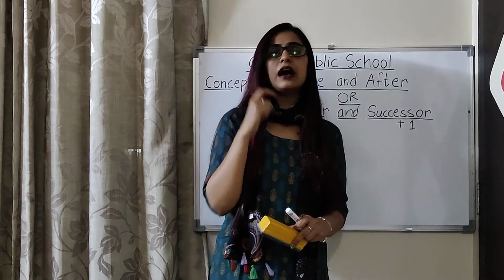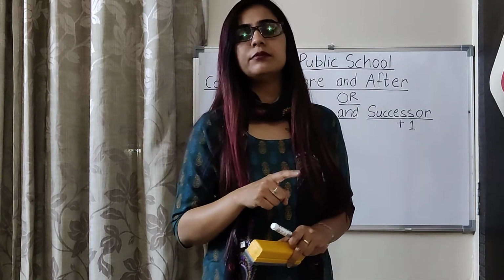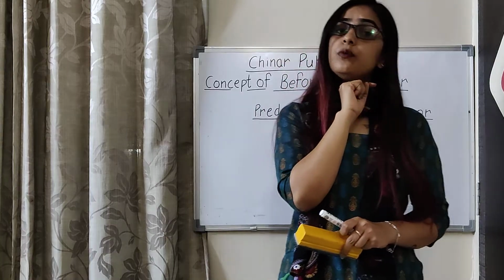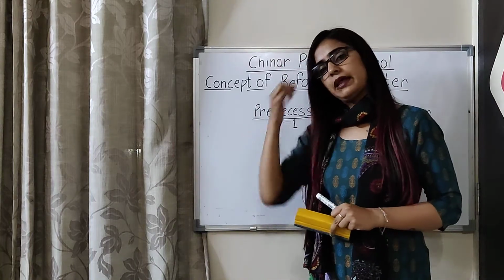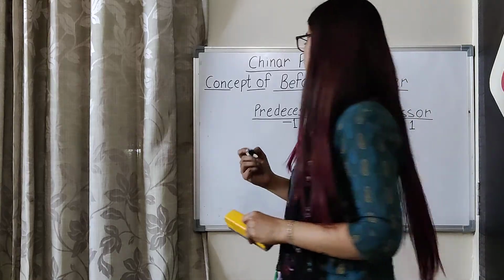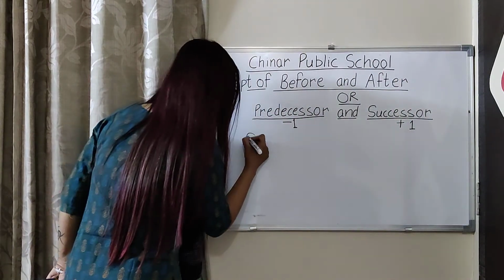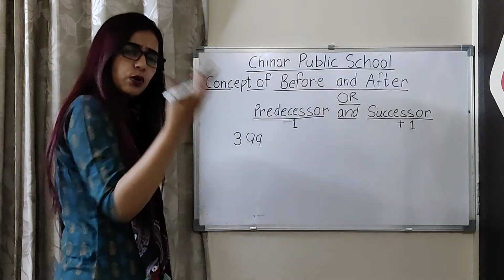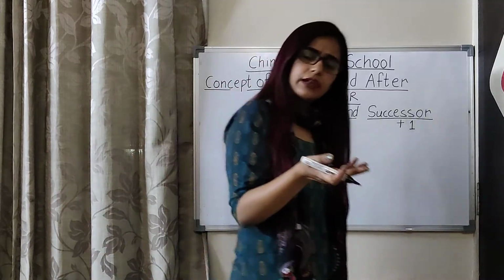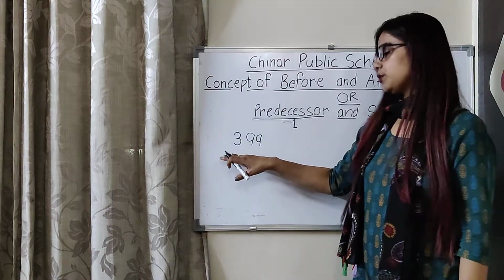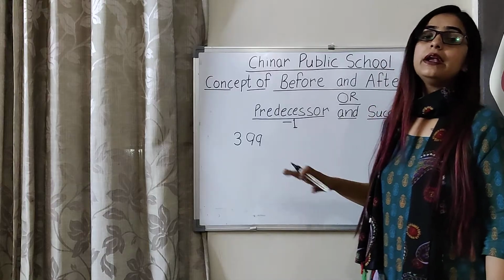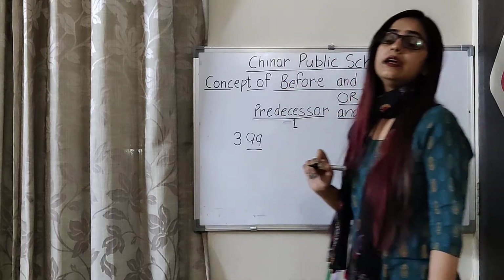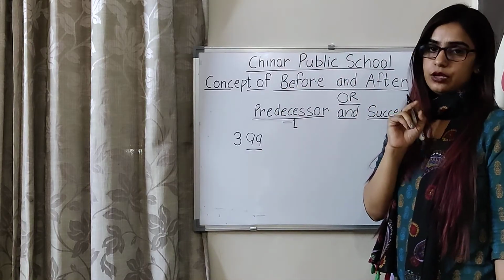But at the time of doing before and after numbers with 3 digits, one point is there where you people can make mistakes. So Kavita ma'am will explain that first. So if the number is given with 99, let us say 399, or it could be 299, it could be 699, any number it could be. So the number is 399. Whenever the number will be 99, you have to be more careful.